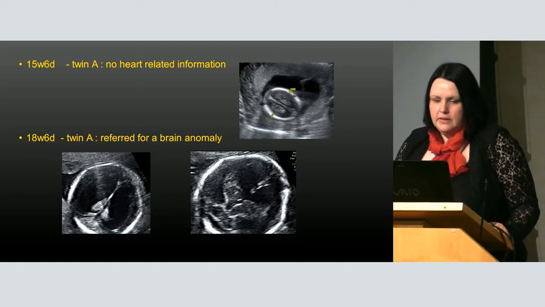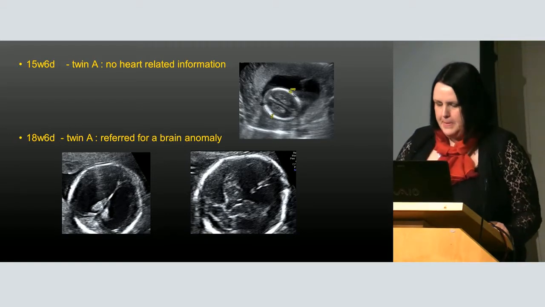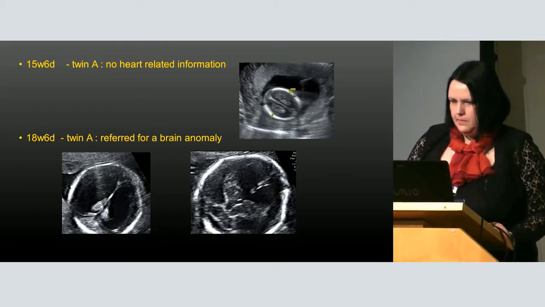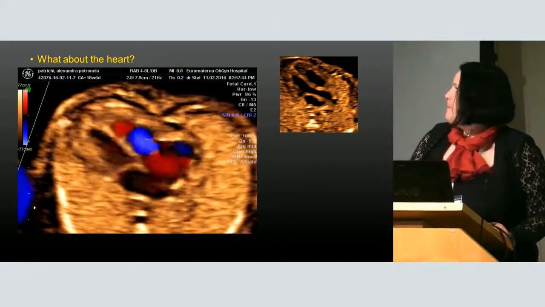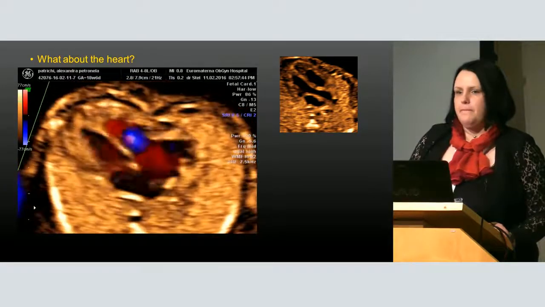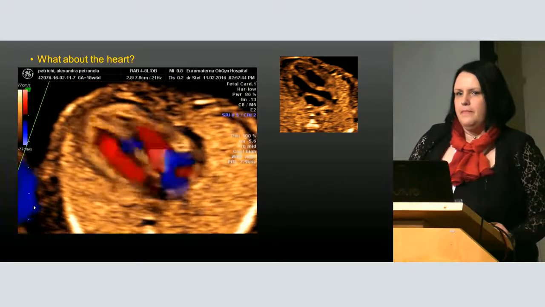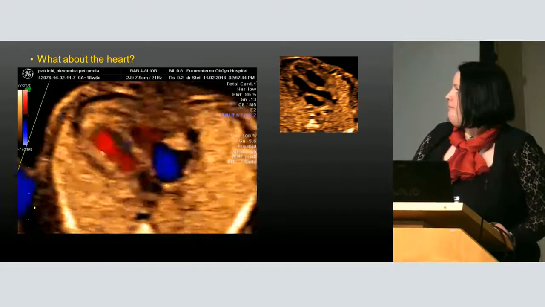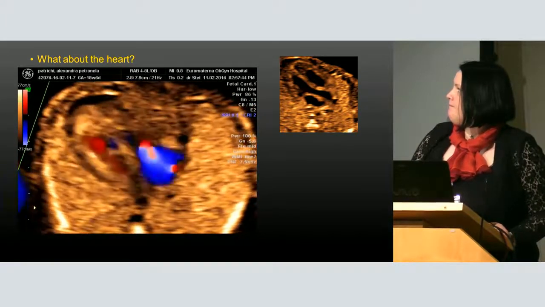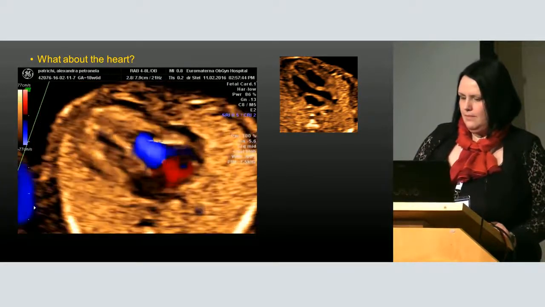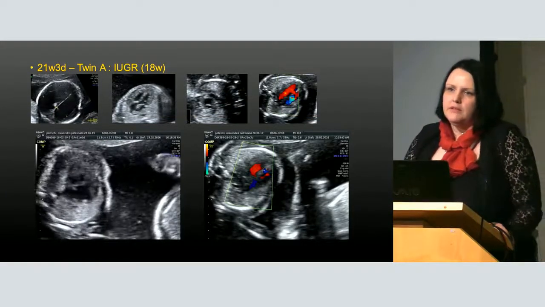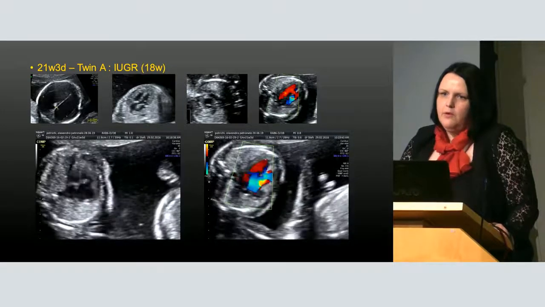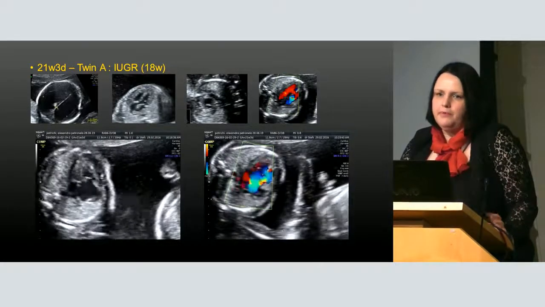And at 18 weeks and 6 days, the same twin was referred to us for a brain abnormality. But what about the heart? And later in gestation, at the second trimester morphological scan, for all the scans, the other twin was perfectly normal.